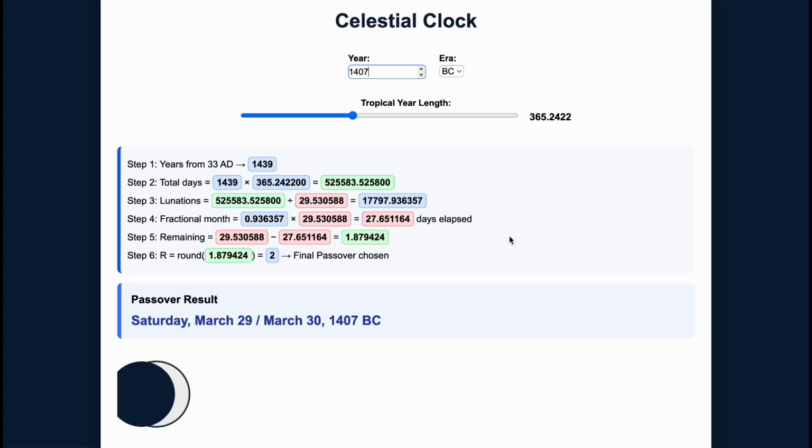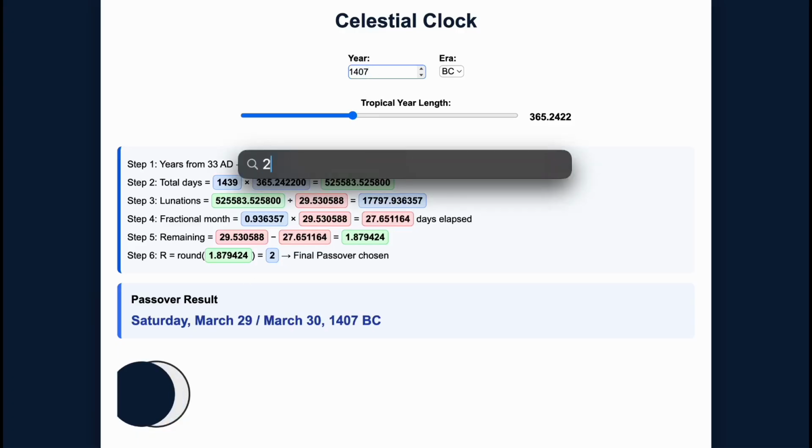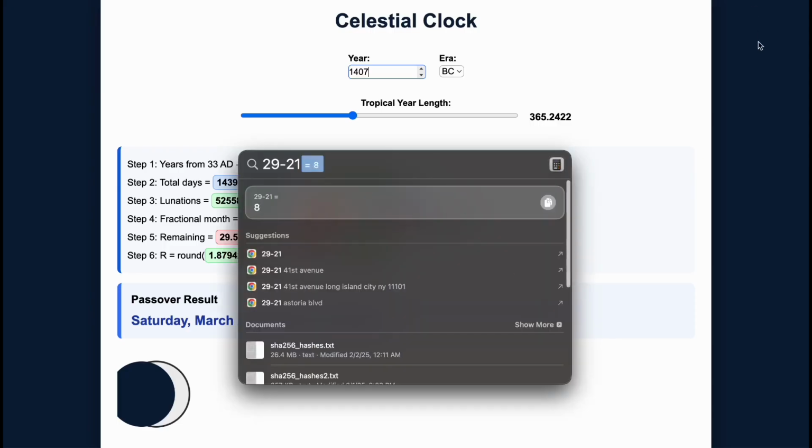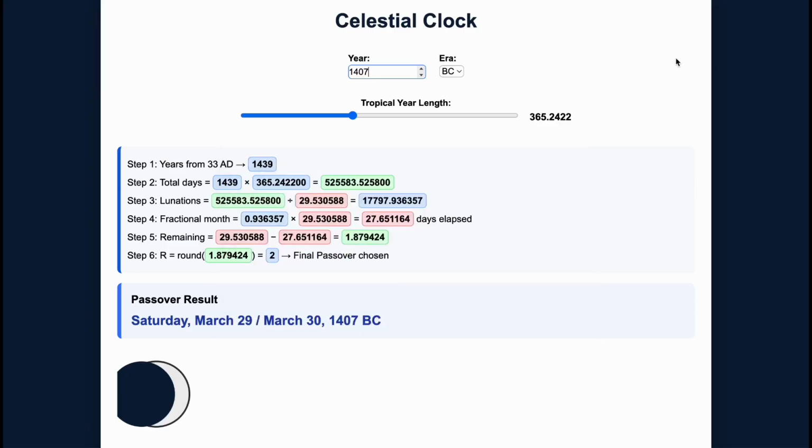Now we're going to notice something: the difference between 1447, March 21st, and 1407, March 29th. If you do the math, that's a difference of 8 days. So it's an 8-day difference from when they had Passover in 1447 versus Passover in 1407.